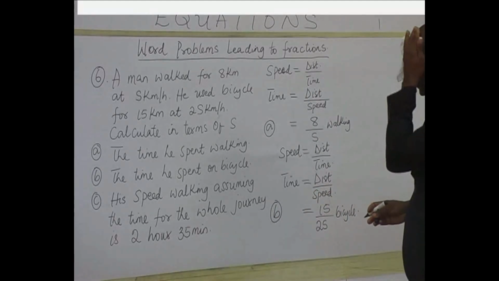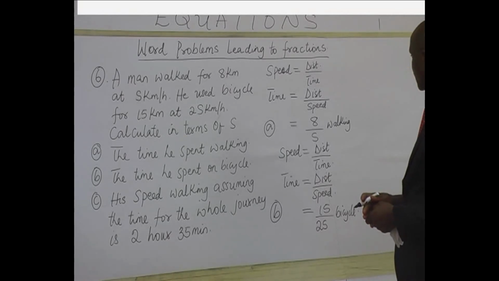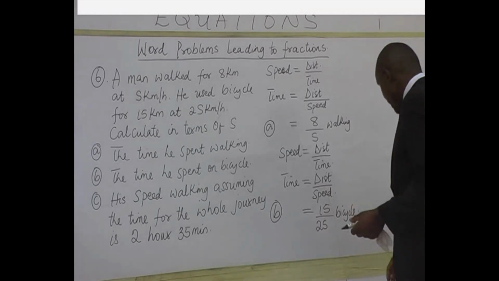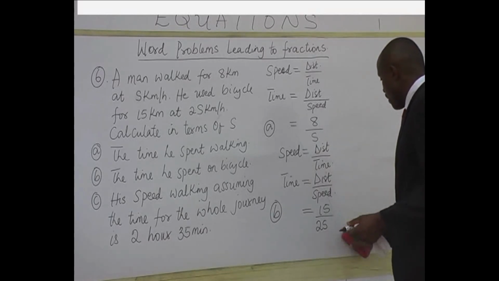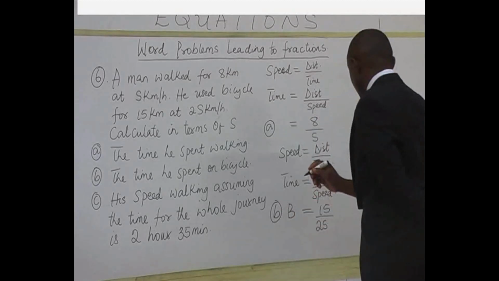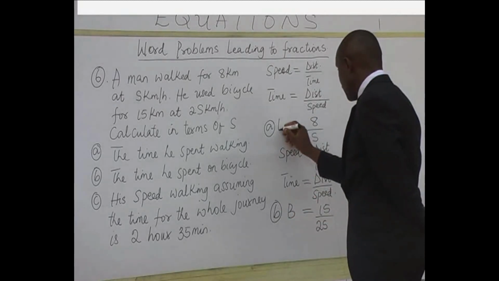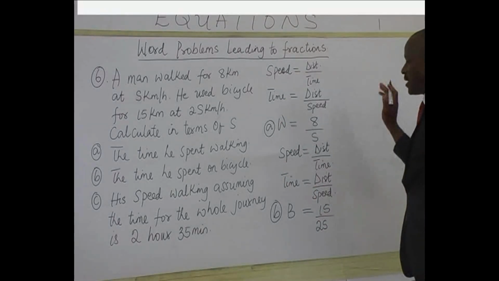Now question number C, which is the grand question in the concept. You already know that this is the time for walking and this is the time for bicycle. Let me write B here, bicycle, and let me write W here, walking, so that we have enough space to continue.